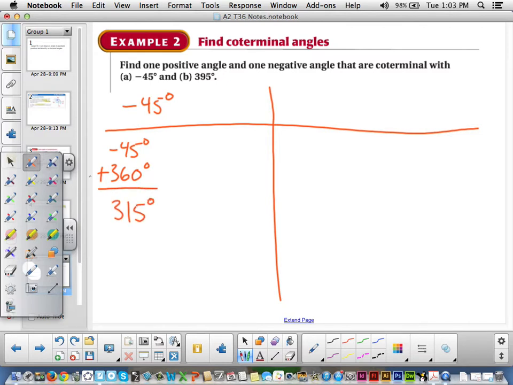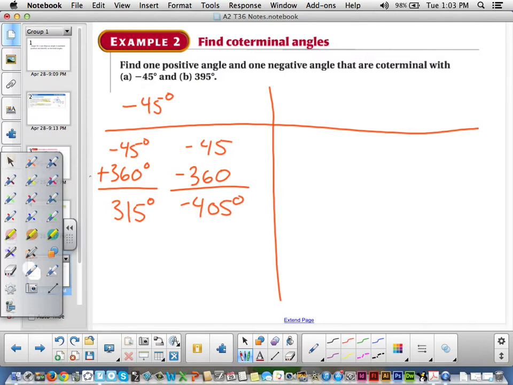There's one positive coterminal angle. Now we want a negative coterminal angle. So we added 360 to get the positive. Let's subtract 360 to get the next angle. We get negative 405 degrees. So those are two coterminal angles with negative 45 degrees.